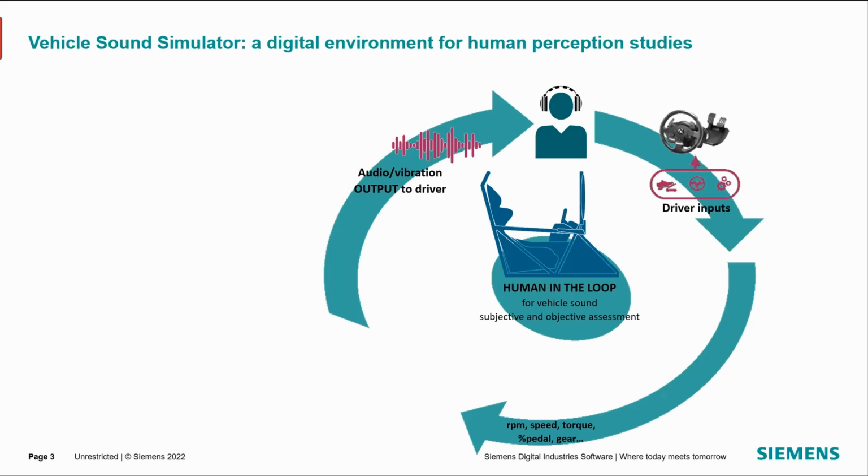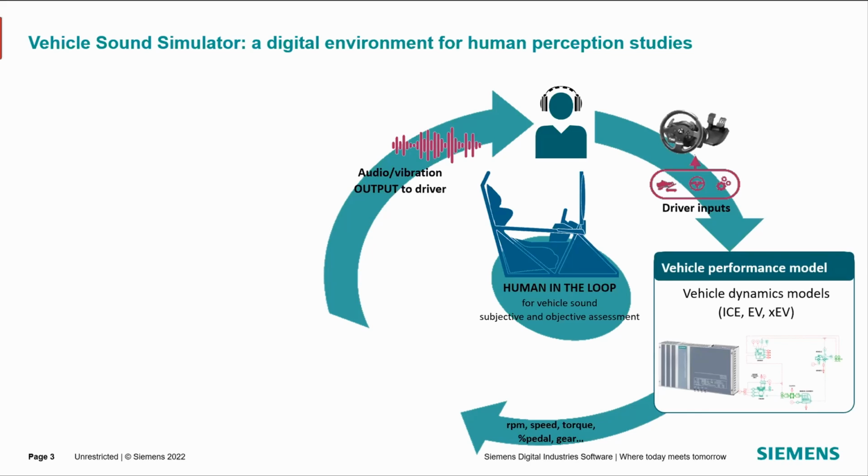The typical use of the vehicle sound simulator technology is that a decision maker, who can be the manager of an OEM organization or an NVH expert, sits on the mock-up of the digital twin that we are going to drive, and operates through input-output devices similar to the ones one would have in a car, in order to actuate a vehicle performance model that runs in real time in an edge device. This was explained in a nutshell also by Emilio; it is a similar technology to the one described earlier for very different applications.